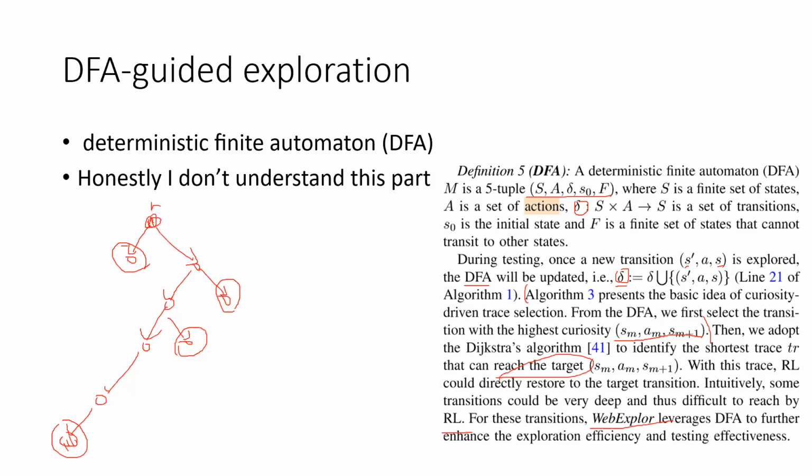So suppose this is Sm plus 1, and this is Sm, and this is A, right? So the idea is that it's going to start exploring from this state Sm plus 1. It will just calculate the shortest path from R to Sm plus 1. So that's what it explains, that it can directly restore.